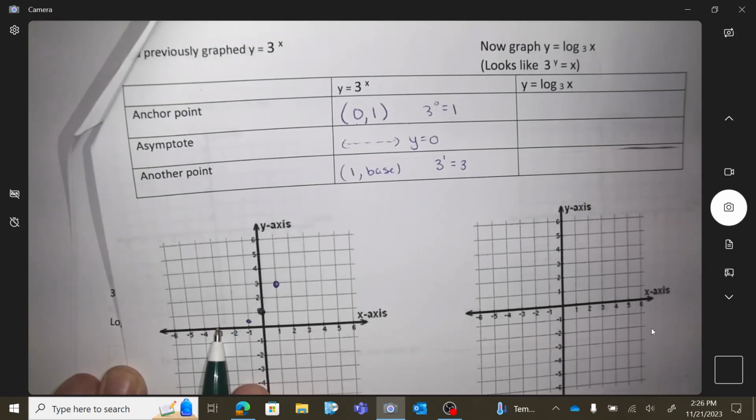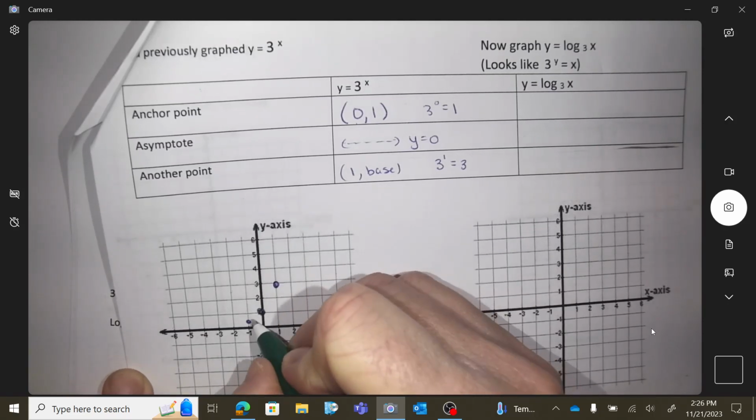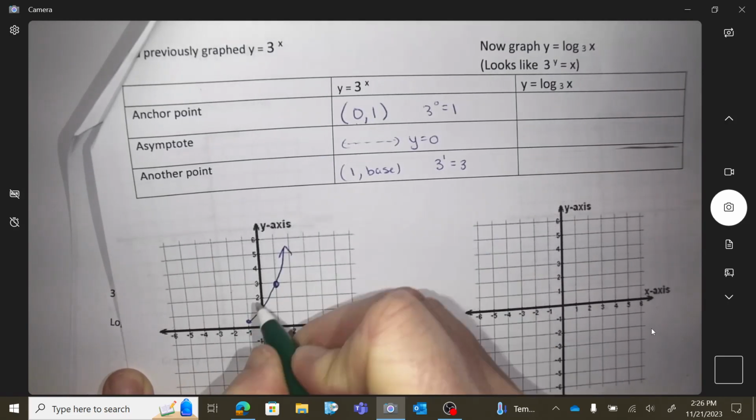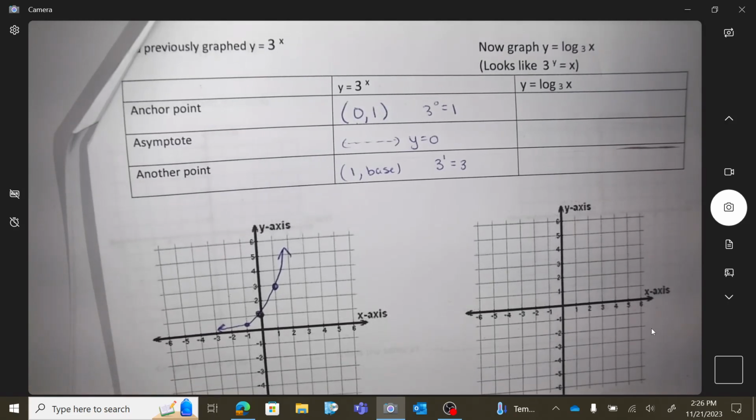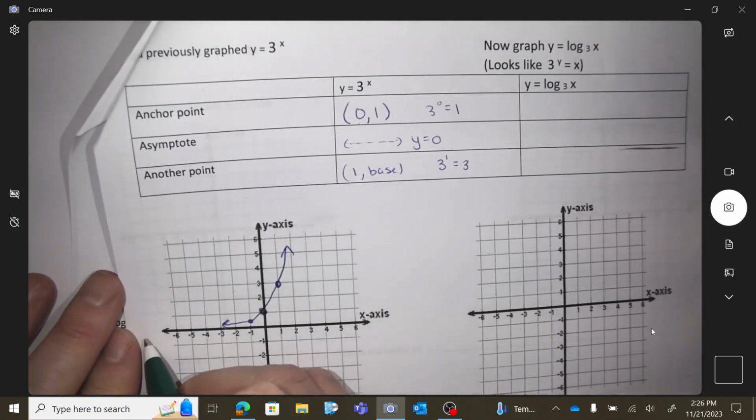What's the next height? 1/27. How far can we go? What's the next height? 1/81. Okay. Too much? Too far? All you need to know then is it's just going closer, closer, closer to 0 and asymptote.